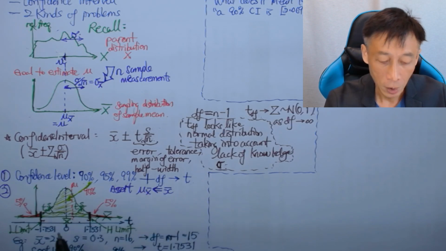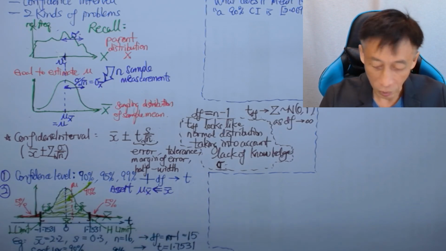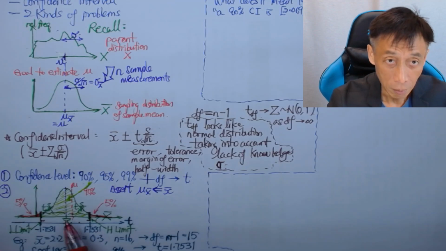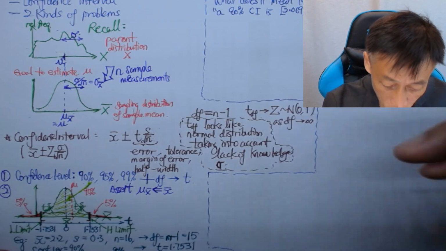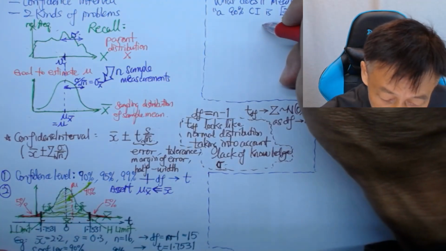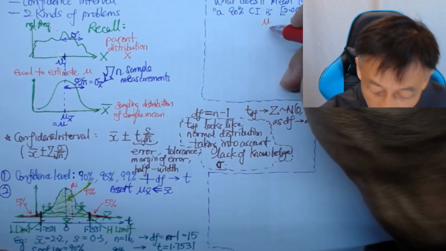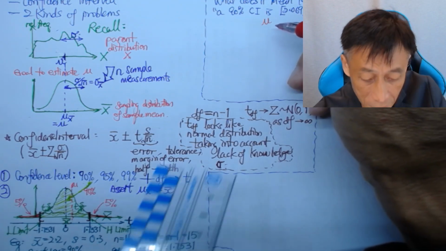Take the average. So one way to think about it is, if I can rotate this, I center mu. So mu is going to be fixed in the middle.